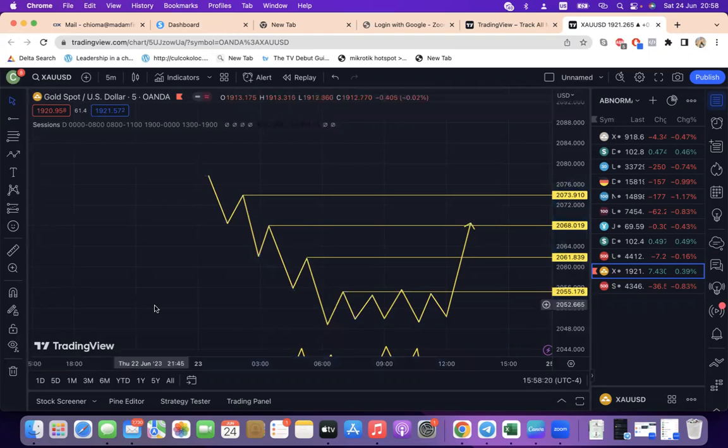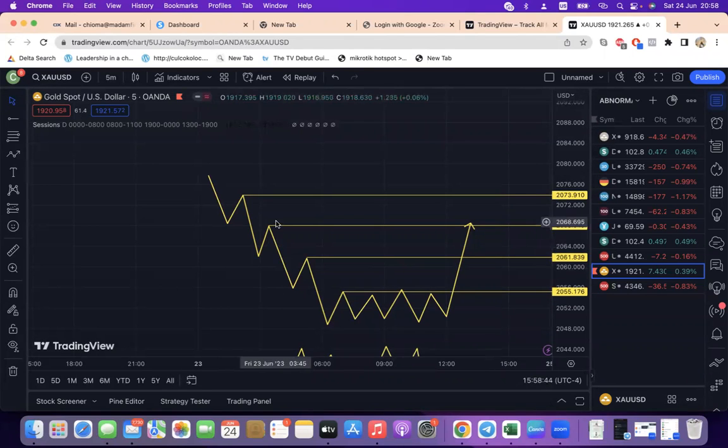This is not your starting point. You are not going to assume a change of character here. No. You're going to assume a change of character when it has broken a point that pushed the market lower, and not just breaking it. A candle has gone through it and has closed above it. That is your change of character.